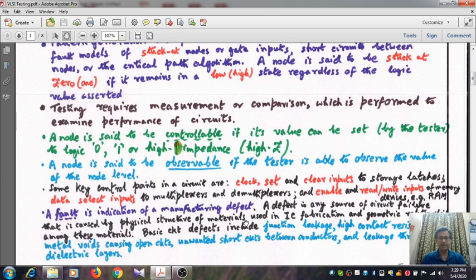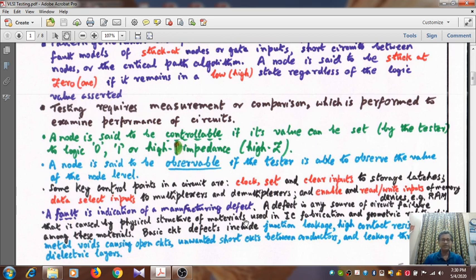A defect is any source of circuit failure that is caused by the physical structure of materials used in integrated circuit fabrication and the geometric relationship among these materials. The basic circuit defects include junction leakage, high contact resistance, metal voids causing open circuits, unwanted short circuits between conductors, or leakage through dielectric layers.